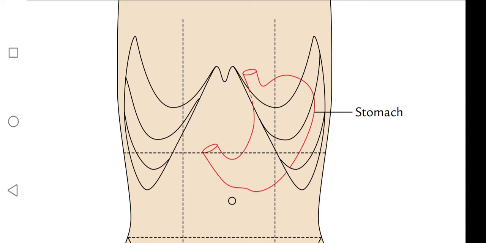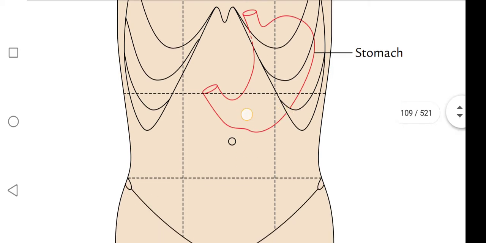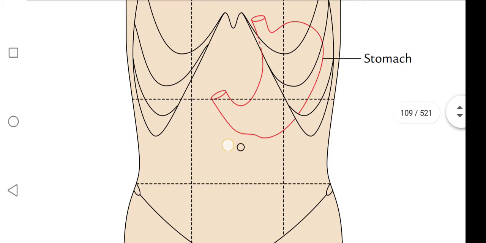We need only three regions now. Umbilical region, this is at the center. This is the umbilical region. Upper sides, this is the left hypochondriac region, and this is the epigastric region.